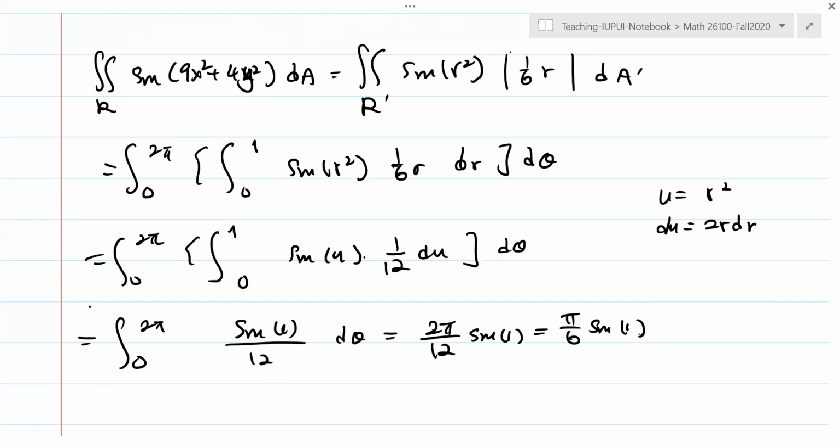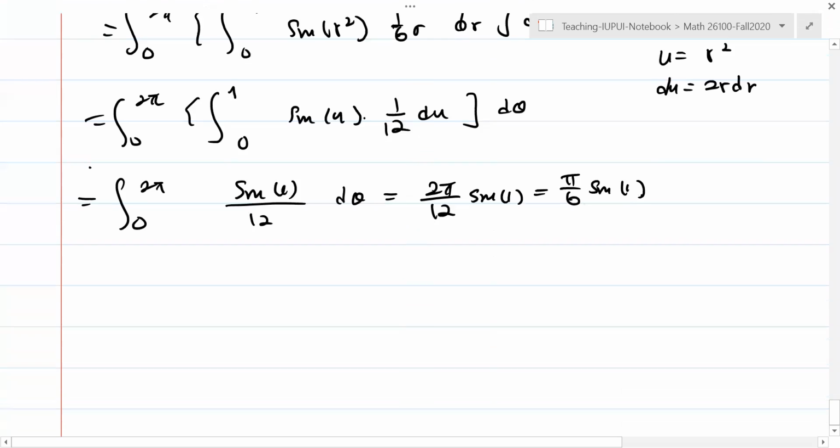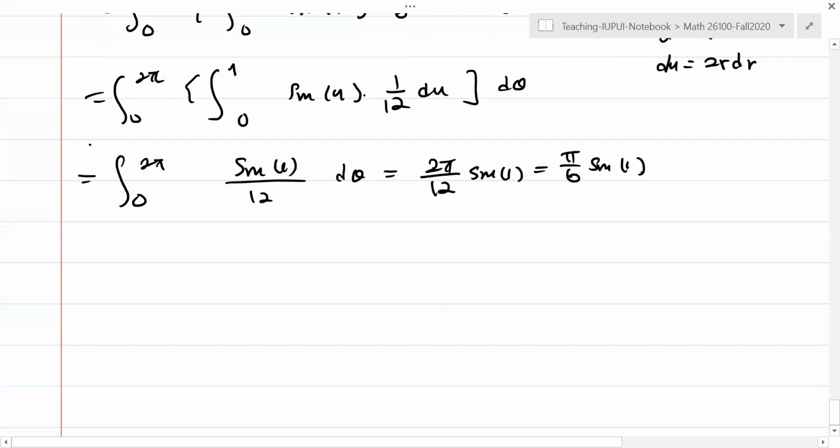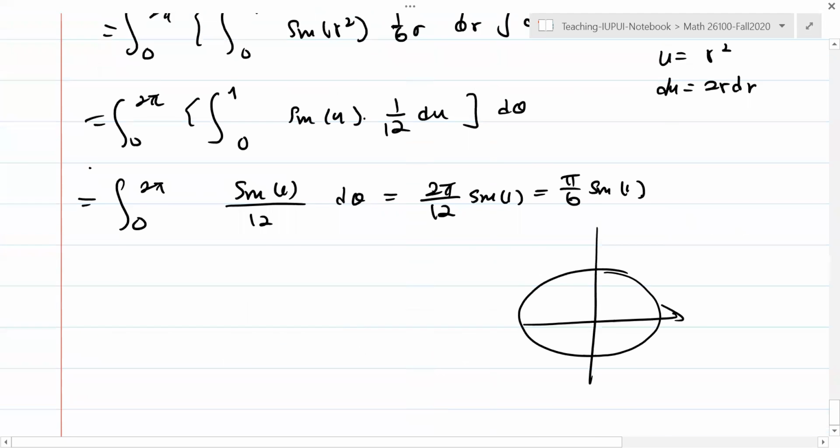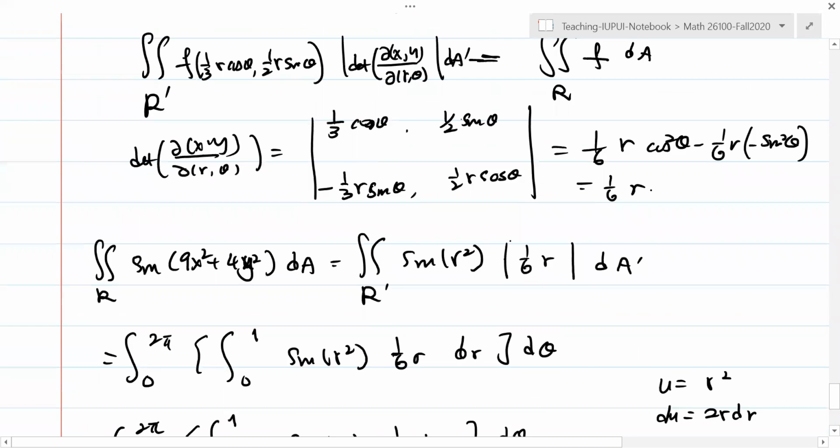Remember, next I will test how to find a substitution for the region enclosed by an ellipse. But hold on, I think there is a small mistake here.